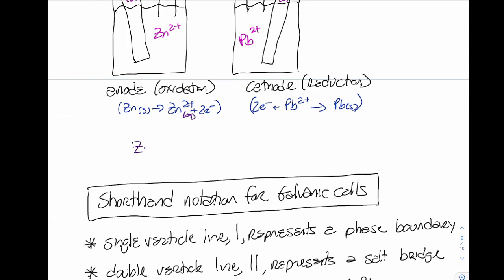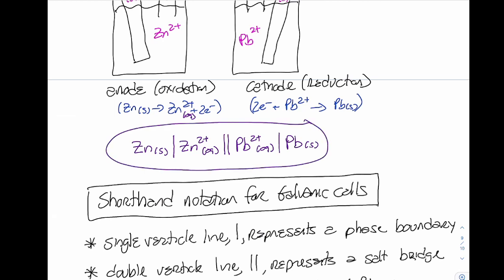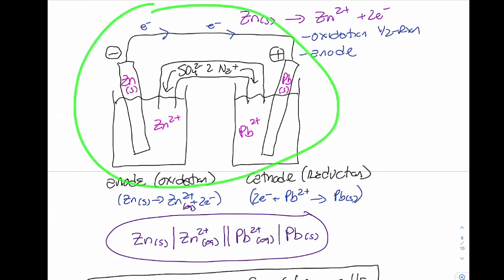So I'm going to have my zinc solid, and because zinc 2+ in aqueous solution goes next, and those are in different phases, I'm going to draw this single vertical line. I'm now going to have my salt bridge symbol. Then I'm going to write my cathode compartment, my reactant first, which is lead 2+. It is an aqueous solution. Phase boundary, because my product is a solid. So this would be the shorthand notation for this galvanic cell.